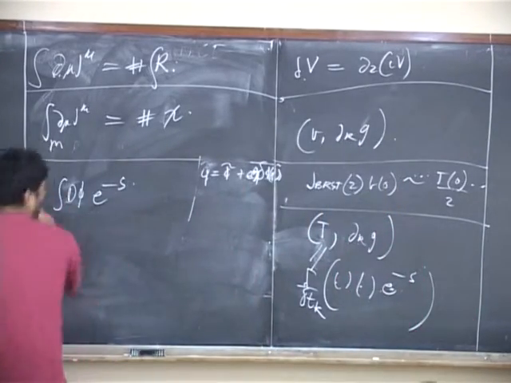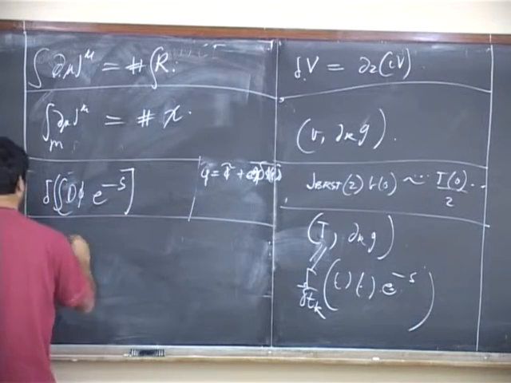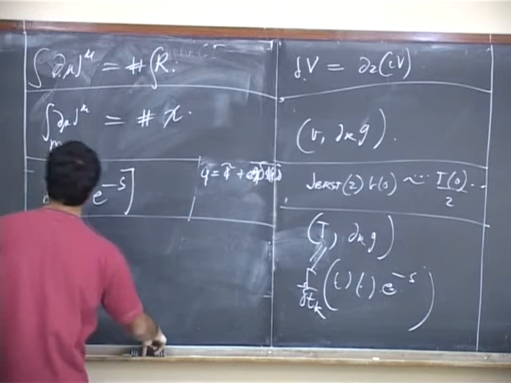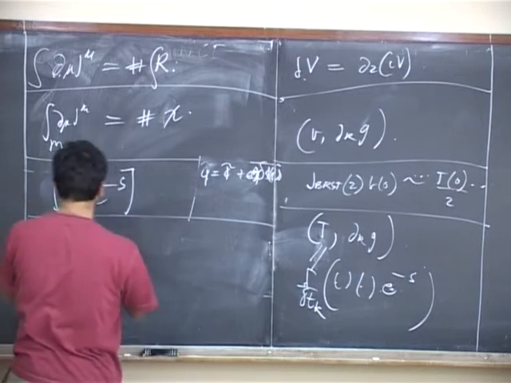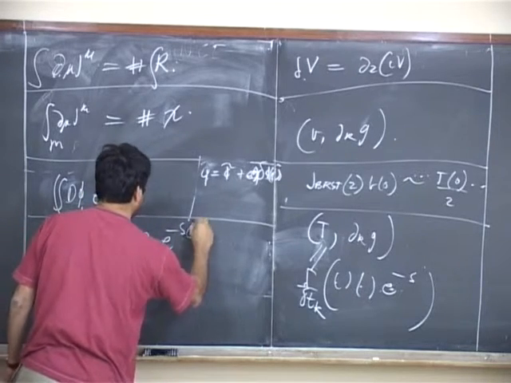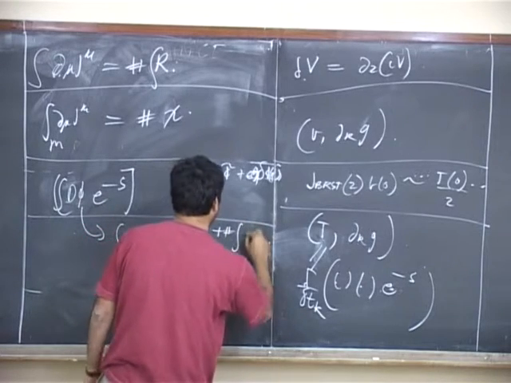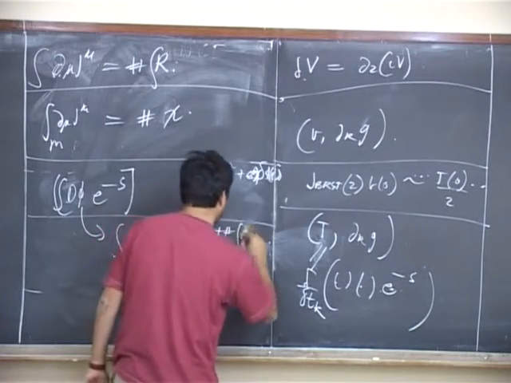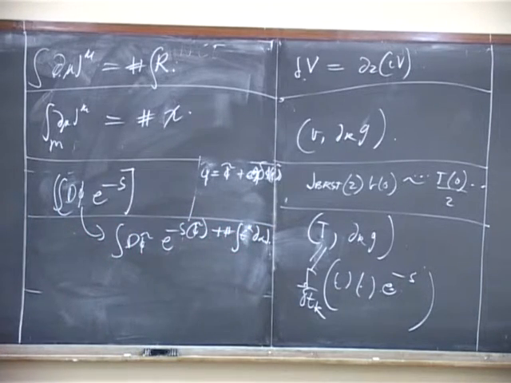So under this transformation, this thing goes to d phi tilde e to the power minus S of phi tilde plus some number times del_alpha epsilon times the current j^alpha. This was our definition of the current.